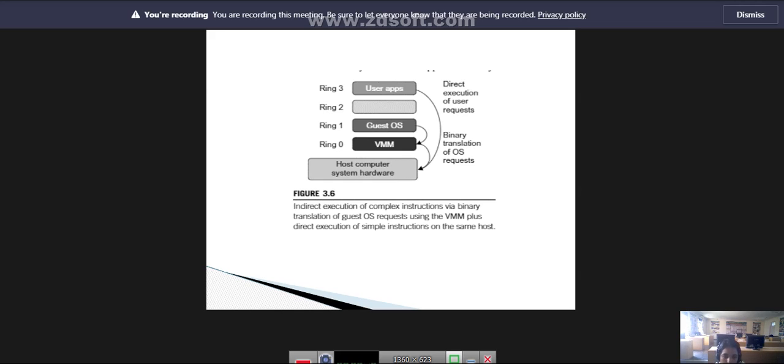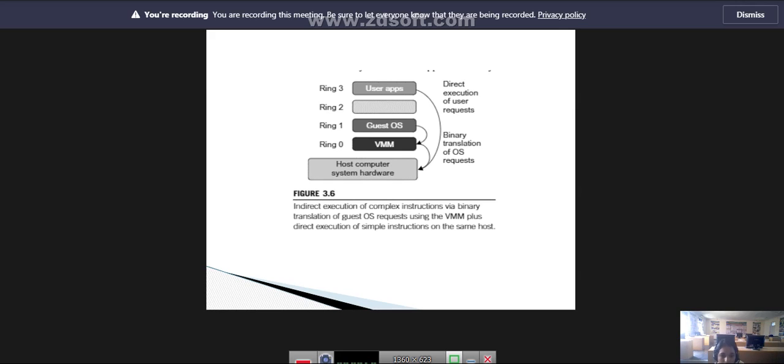So whenever the user gives a request, that request is moved to the host computer and it will be directly executed. Whenever the guest operating system wants to execute some request, it will be moved to the virtual machine VMM, that is called the virtualization layer, or we can say hypervisor, and it will be sent to the host computer system hardware.